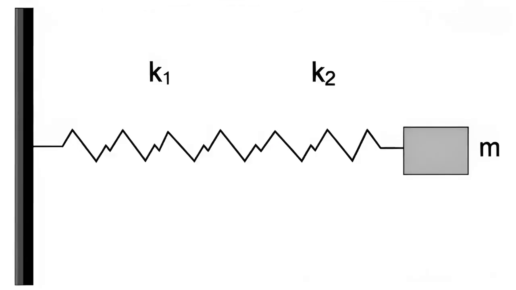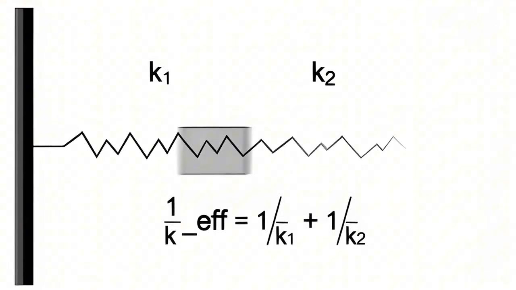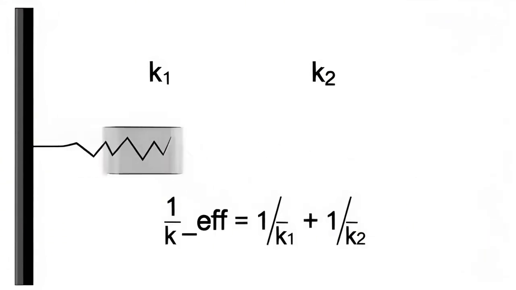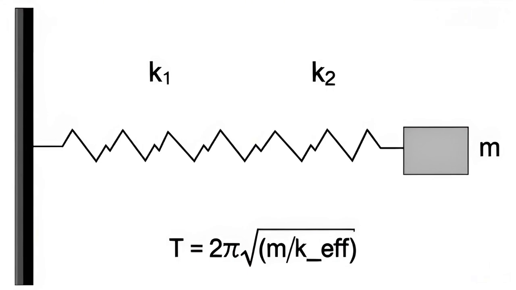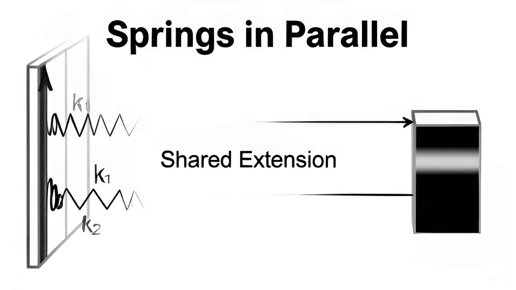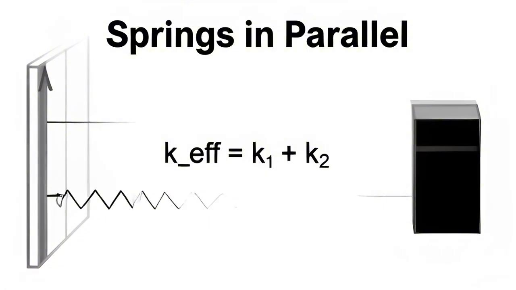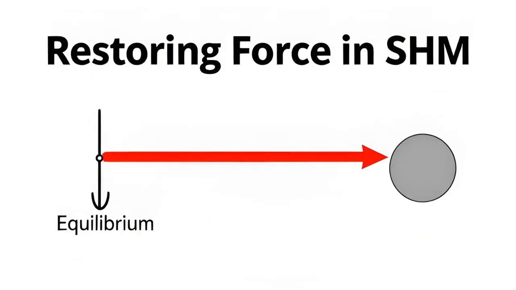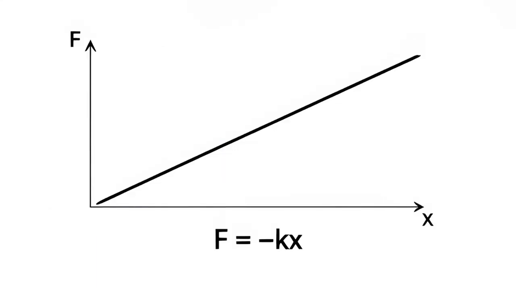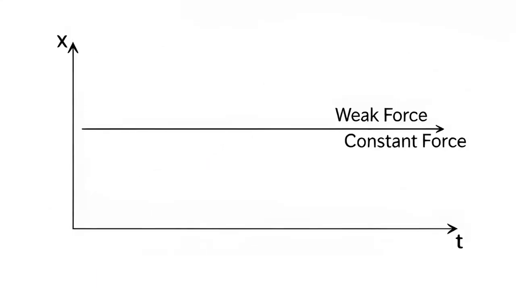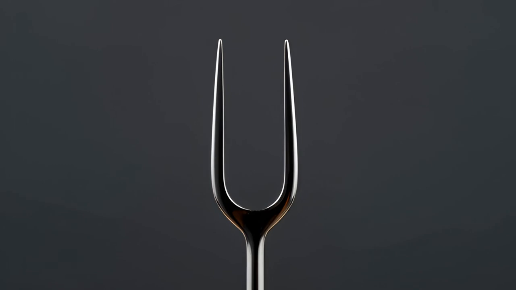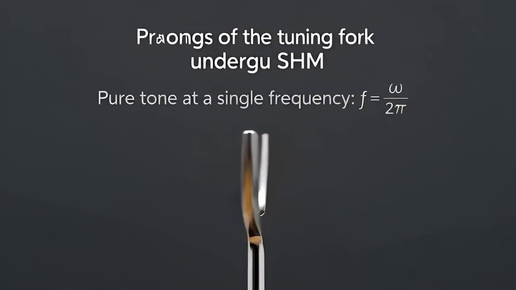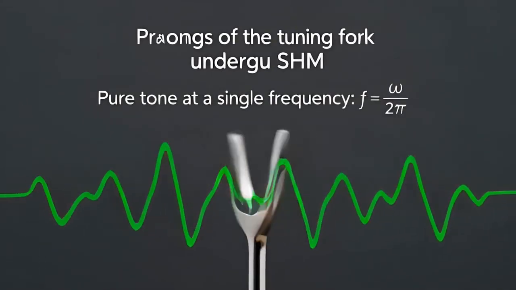If the particle starts at the mean position, moving in the positive direction at t equals 0, then phi is 0, and the equation simplifies to x equals A sine omega t. If instead the particle starts at the maximum positive displacement at t equals 0, then we use x equals A cosine omega t. Both forms are equally valid. The choice depends on the initial conditions of the problem.